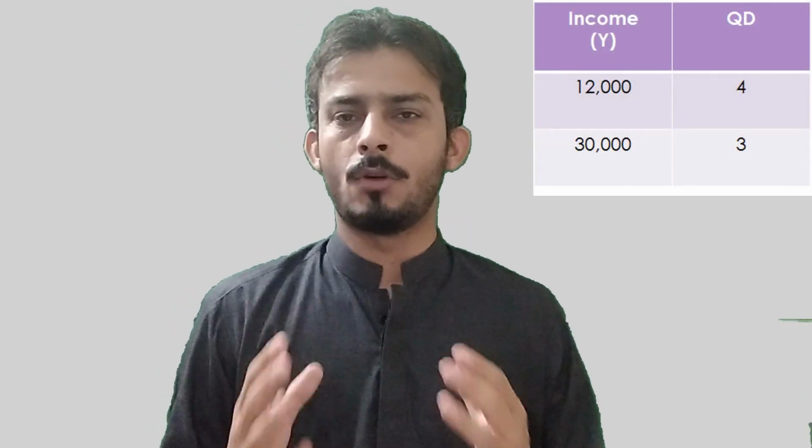I told you 3 cases: normal good, inferior good, necessities. In normal goods, there was a positive relationship between the income and the quantity demanded. In inferior goods, there was an inverse relationship: one increases, the other decreases. In necessities, it was 0. So here in this schedule, you can see income is increasing while the quantity demanded is decreasing. So it means there is an inverse relationship. So let's calculate this one.